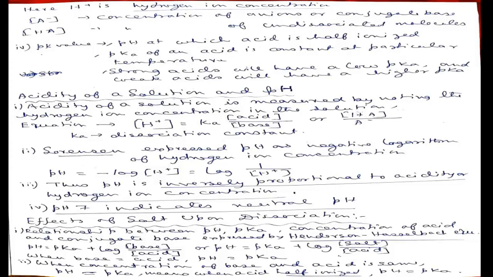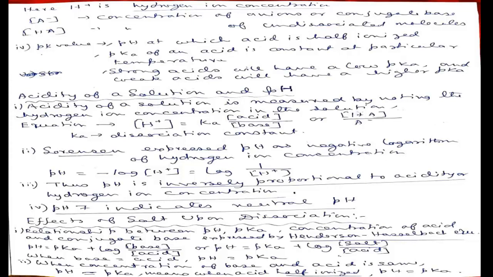Now acidity of a solution and pH. Acidity of a solution is measured by noting the hydrogen ion concentration in the solution, and it is given by the equation H plus is equal to Ka acid by base, or HA by A minus, where Ka is the dissociation constant.